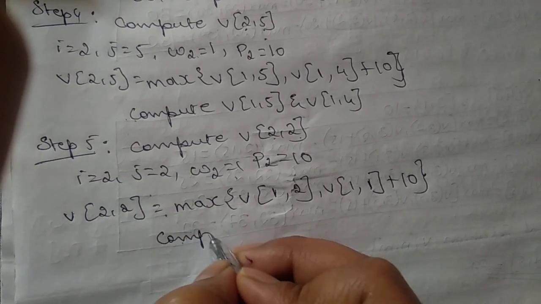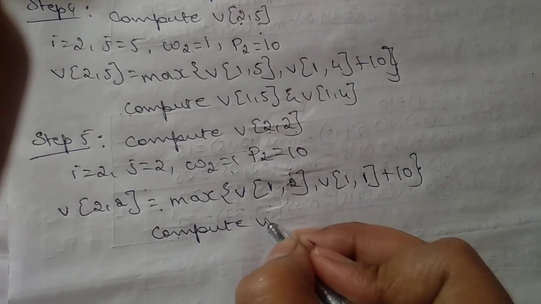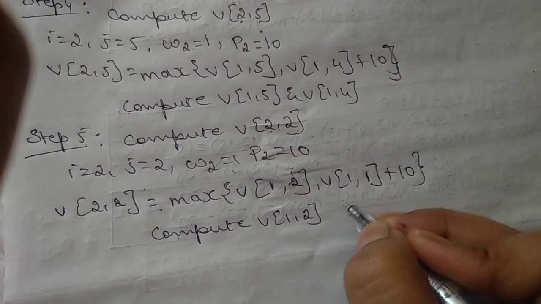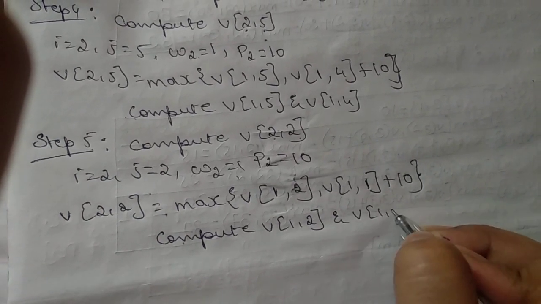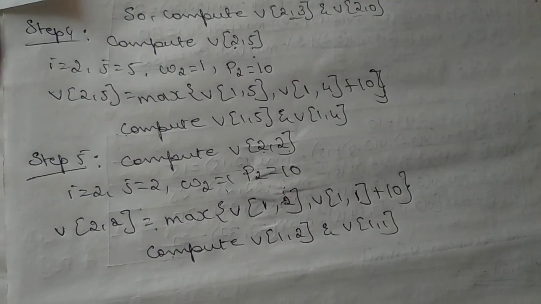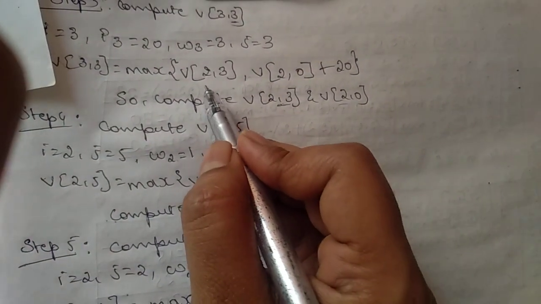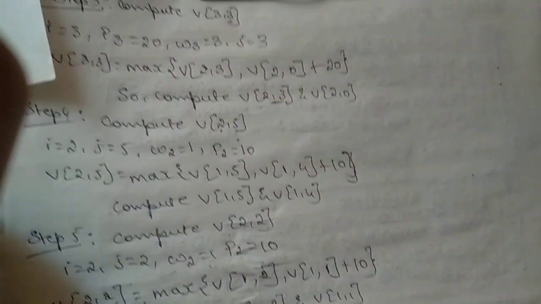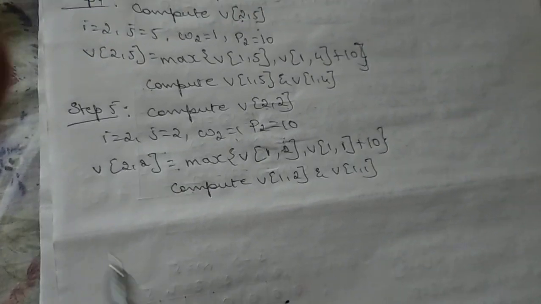So again compute V of 1 comma 2 and V of 1 comma 1. Now we have to compute V of 2 comma 3 and 2 comma 0.